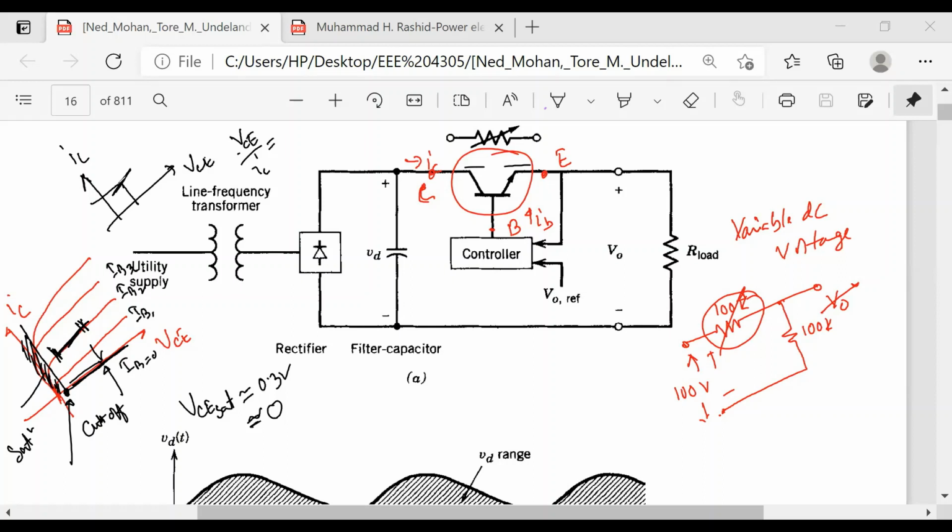Voltage by current gives resistance, right? So this is in ohms. That is why they have shown this as the resistance here. We operate our transistor in the active mode. Now, if we move for a different value of IB, suppose we are going here, these are not parallel, so we will get a different value of resistance. With that different value of IB, we will have a variable resistance. If we have a variable resistance, then we will get a variable output voltage. You got it or not? Any question?